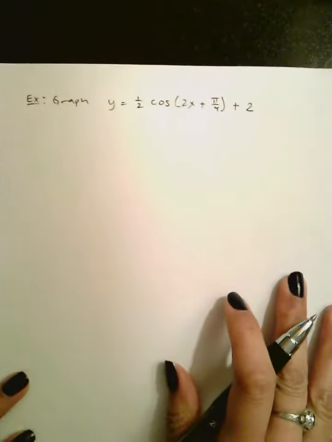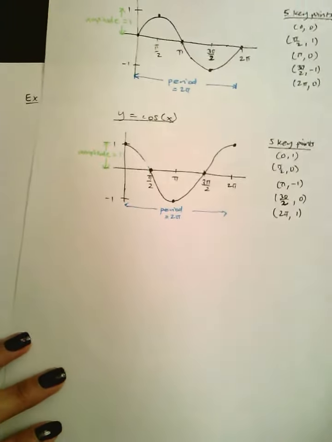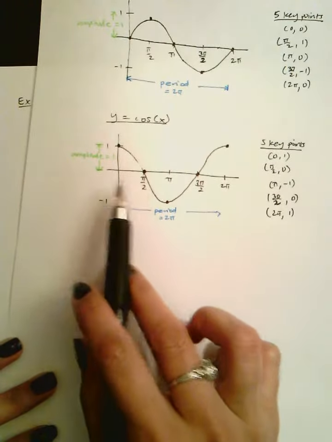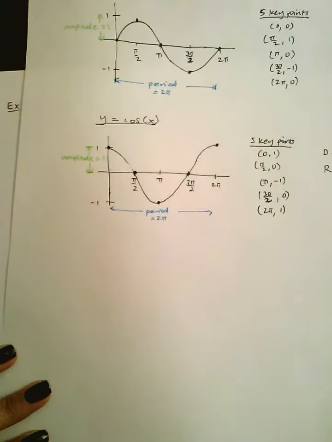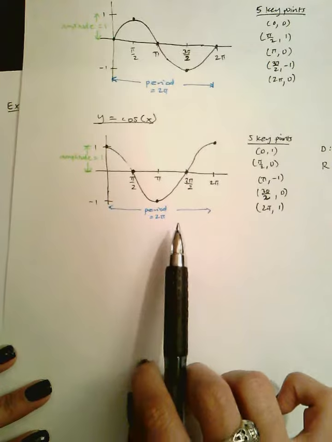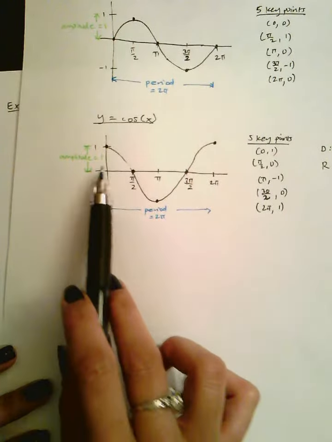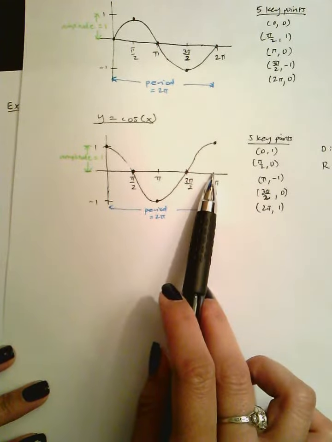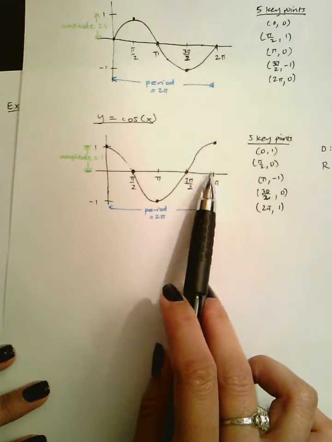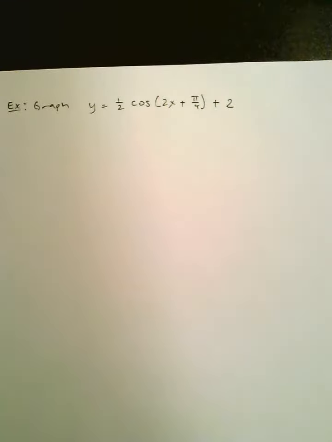So we have a shift on the y's also, meaning my cosine function, instead of being centered on the x-axis, we're going to push it up. Because we're adding 2, we're going to push it up by 2. My center, if I think of this as a y value, is y equals 0. So my center now is going to be 2 above that, at y equals 2. So let's graph it.